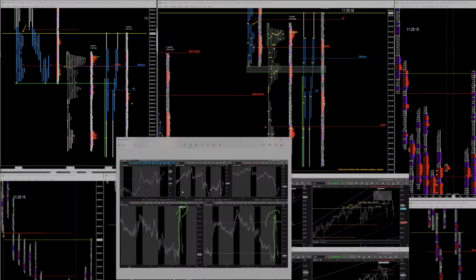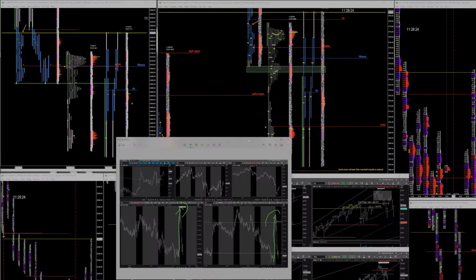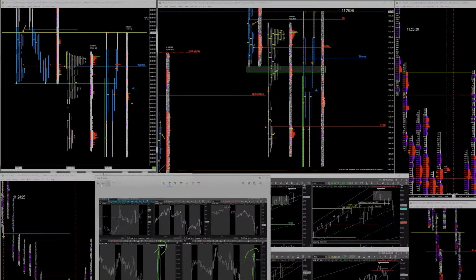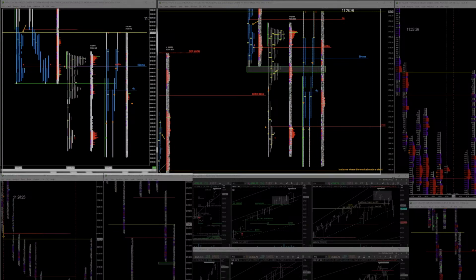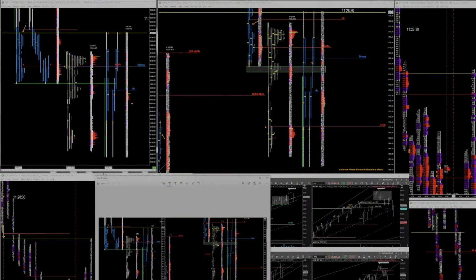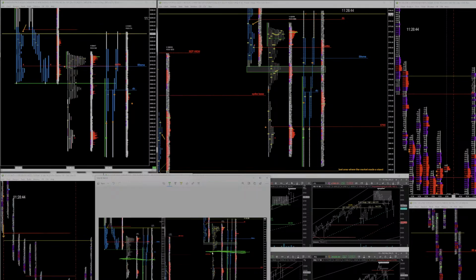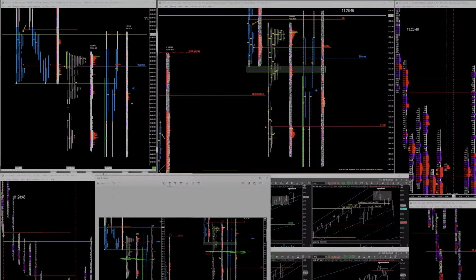Also because inventory was very, very short during the overnight, coming into the opening, one of the very relevant pieces of information was the closing of these overnight distributions: what the market can do relative to closing this distribution.